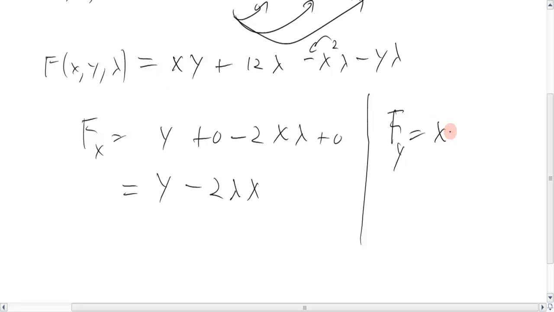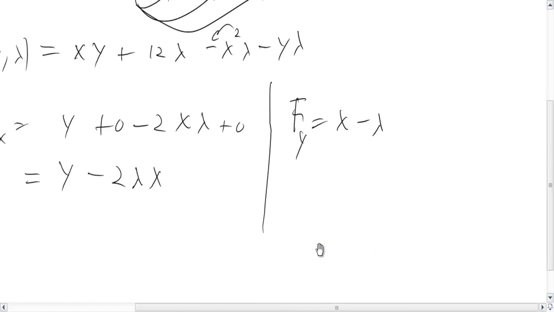That leaves us with x times y to the 0, but anything to the 0 is 1. The next term, no y's, so 0. Next term, no y's, so 0. The next term has a y, so we're just going to end up with minus lambda.